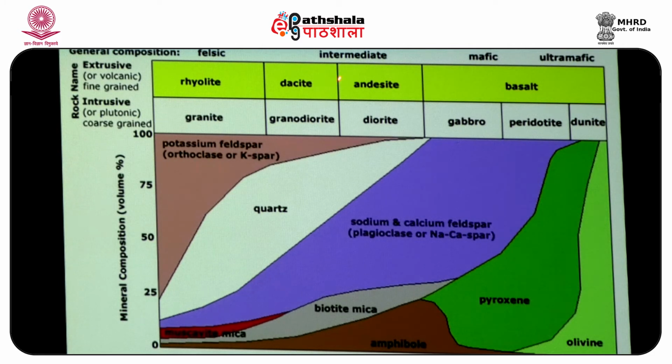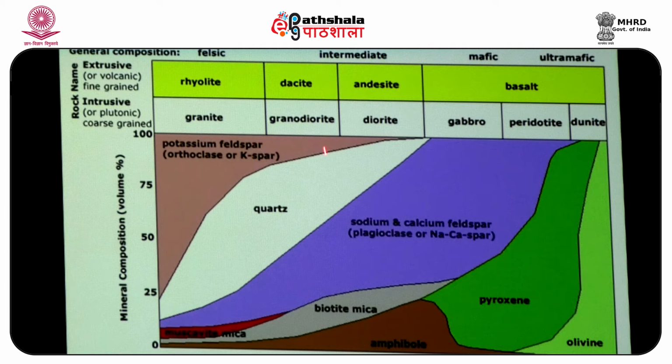Now, this is intermediate, which is granodiorite as the plutonic rock, its equivalent dacite as the surface or the extrusive rock. As you can see, the amount of orthoclase will be lesser, and then you see andesite, the amount becomes even lesser, and also the amount of quartz will be lesser compared to granite in the granodiorite and dacite, or diorite and andesite.